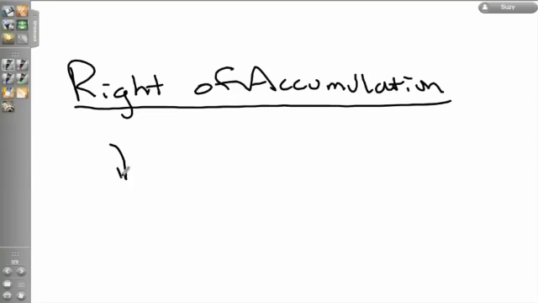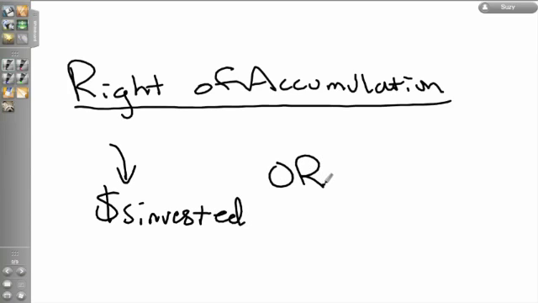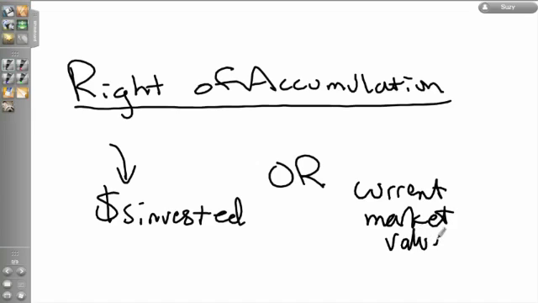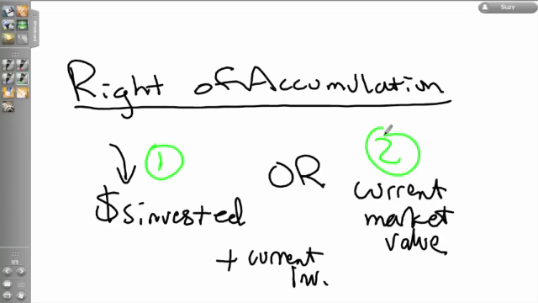We can either look at it as dollars invested, or the current market value of the dollars invested plus the current investment that you're making. We're going to choose whichever of these two things is higher, whichever is greater, to get to that reduced sales charge.